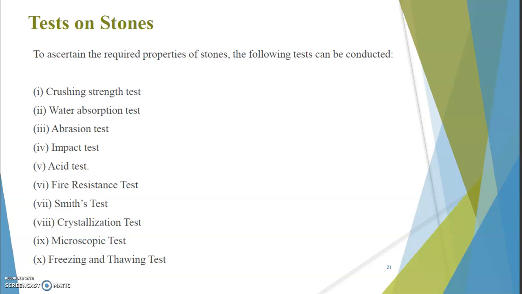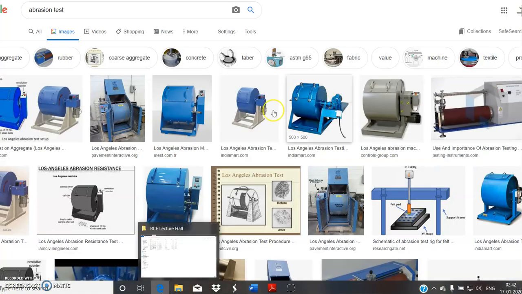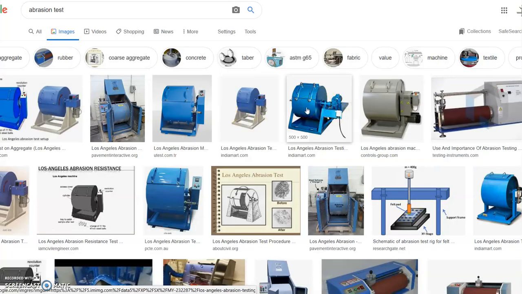Then abrasion test. So abrasion test only in the last video we have seen for measuring the percentage of wear of your stone aggregates. Yes, the same one. The name of this particular equipment is Los Angeles abrasion testing machine, because this particular method have been evolved in Los Angeles. So there they have put up the name. So how it has been done, we already seen.